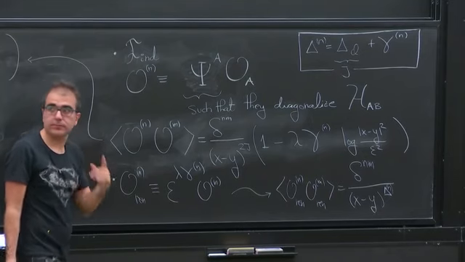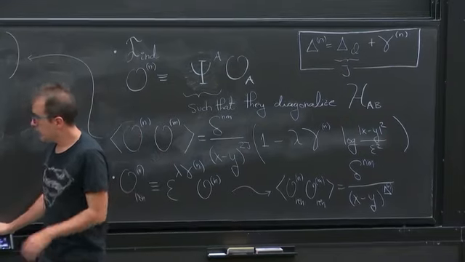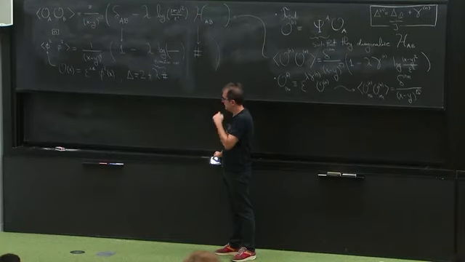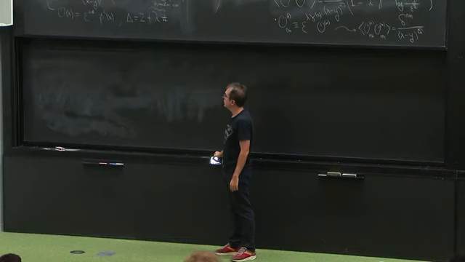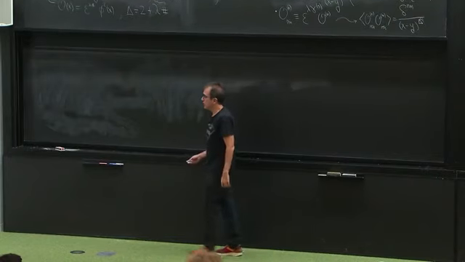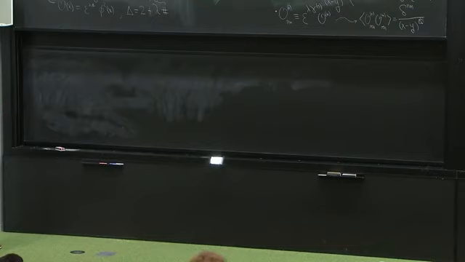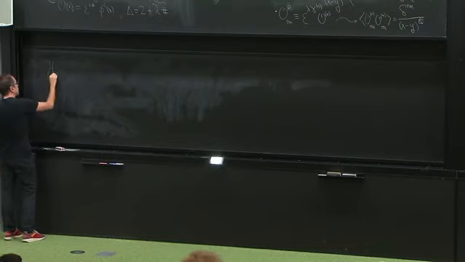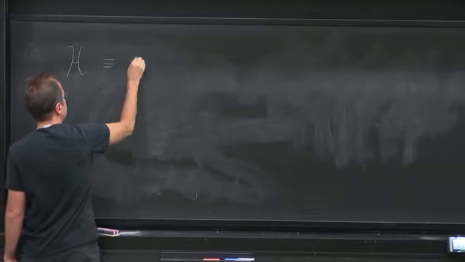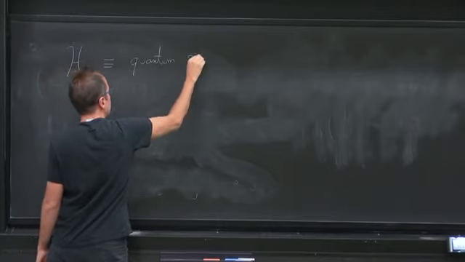Right? Now, notice that there is a convenient way of thinking about this operator. We can think of this H as a quantum spin chain Hamiltonian.